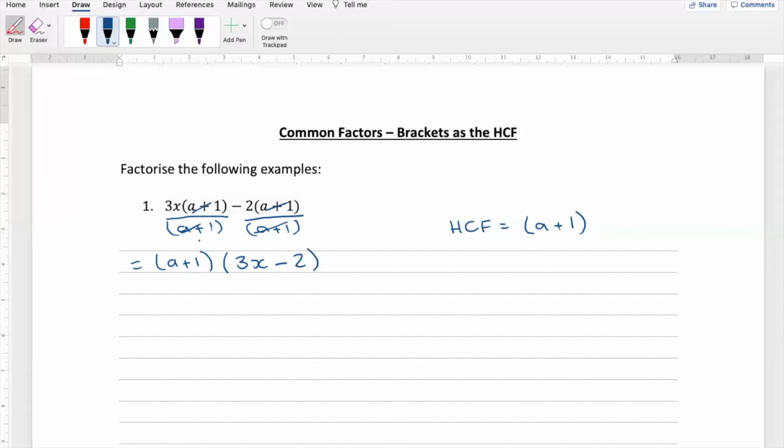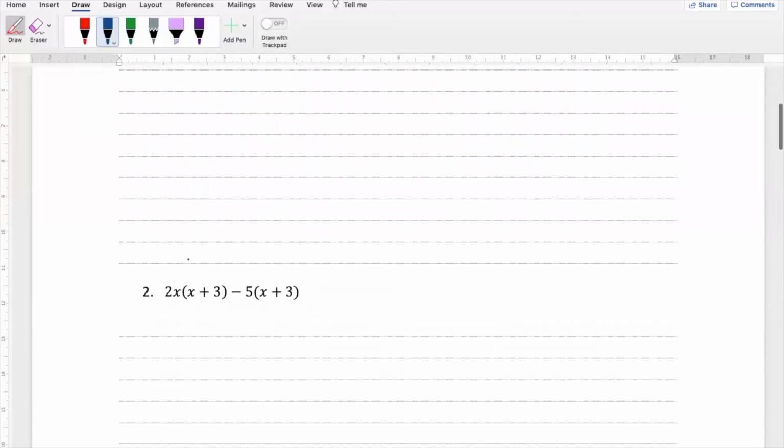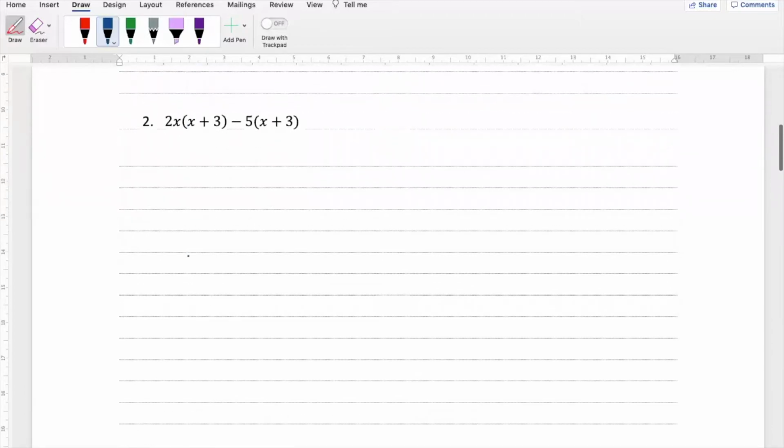So what we do essentially is we take out the common brackets, and then we put in another bracket whatever is left over. Because now if I say (a + 1) times 3x, I'll get 3x times (a + 1). And if I say (a + 1) times negative 2, I'll get negative 2 times (a + 1). So that is factorized. Let's try another example so that we can make this really clear for you.